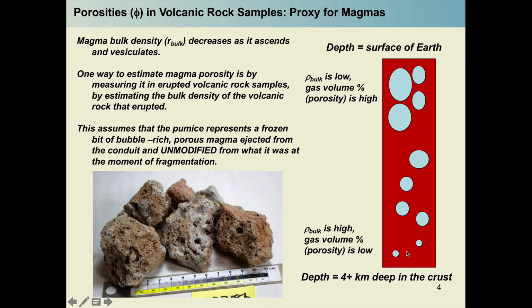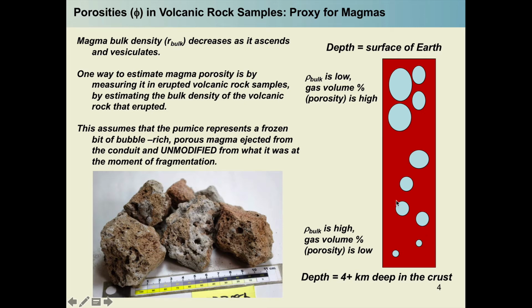Because most of the magma is composed of the dense part, the liquid rock and crystals. You have only a very few gas bubbles here, so the gas volume percent is low, right? So you only have a few gas bubbles, they're pretty small. So the bulk density of this whole thing, meaning the dense rock part plus the vesicle or the gas bubble part, is going to be pretty high.